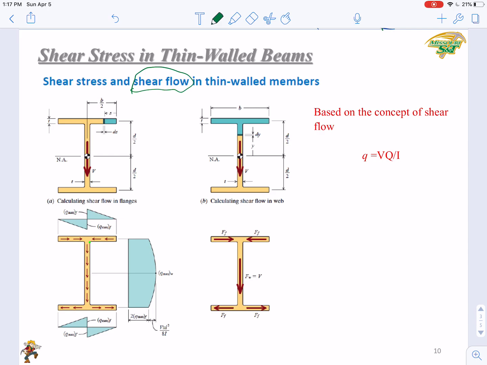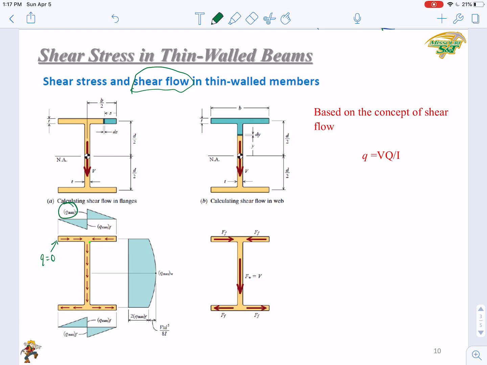On the top flange or the bottom flange, the Q equals 0 at the end point, then it keeps increasing to the middle of the flange where you get the local maximum value of Q. So this is the distribution of the shear flow along the top or bottom flanges.